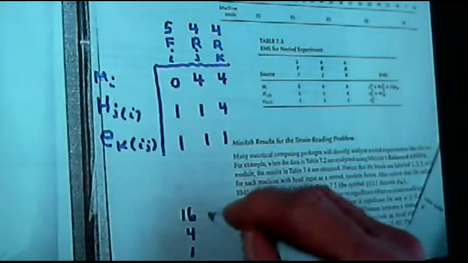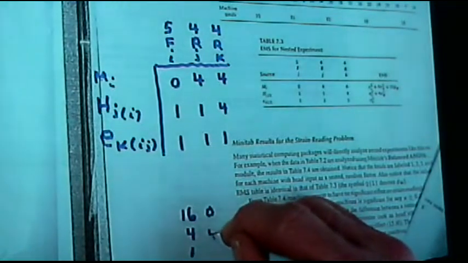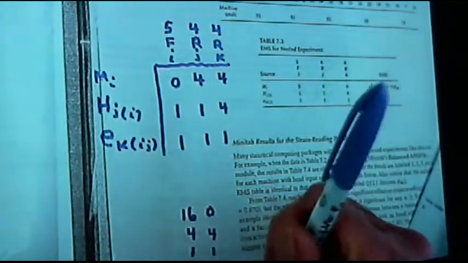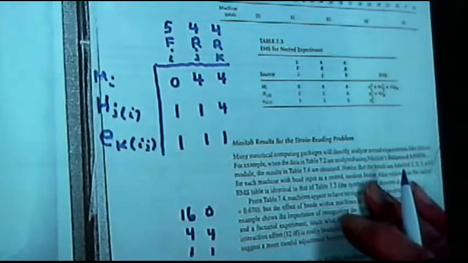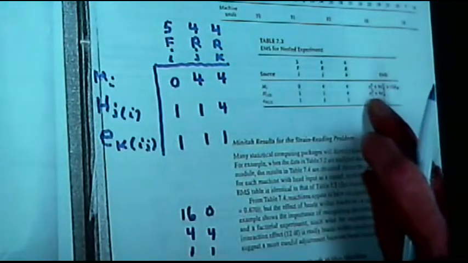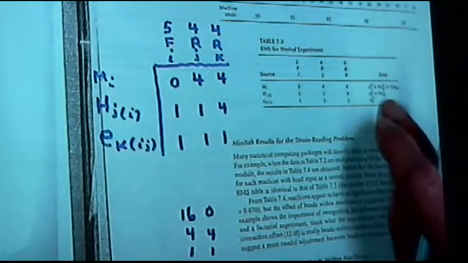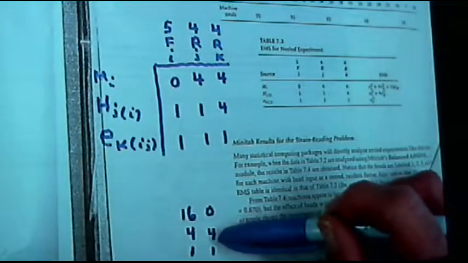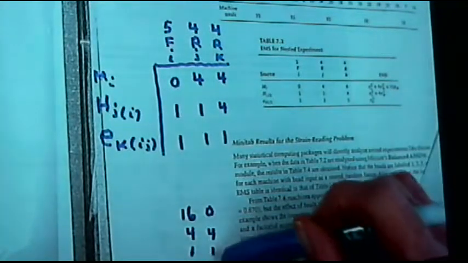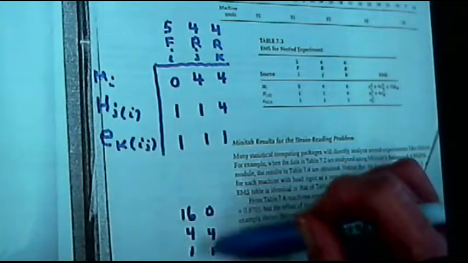So let me jot those down to remember. 0, 4, 1. So I've got those as the coefficients. So in this row, I'm going to get 0 on the M, and notice that's missing. I get 4 times the second variable, which is h, and that's what you see here in the handout. There's a 4 there. And then the 1 is for this symbol sigma squared that appears there. So those 3 products give me the second row of this expected mean square column.